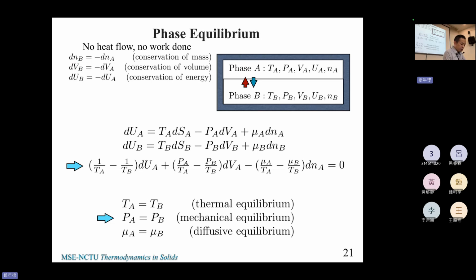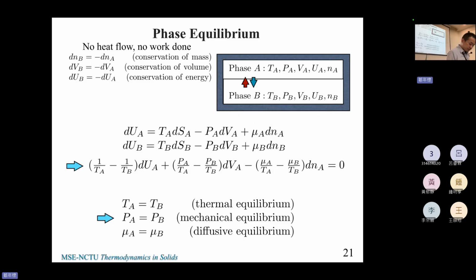conservation of mass must hold, right? dNB equals minus dNA. So if phase A becomes B, or phase B becomes A, they need to be exactly the same number and opposite sign, right? Conservation of mass. And conservation of volume, of course, volume is fixed. So minus dVA equals dVB, no problem. Conservation of energy, of course, the energy won't change because it's a closed system.